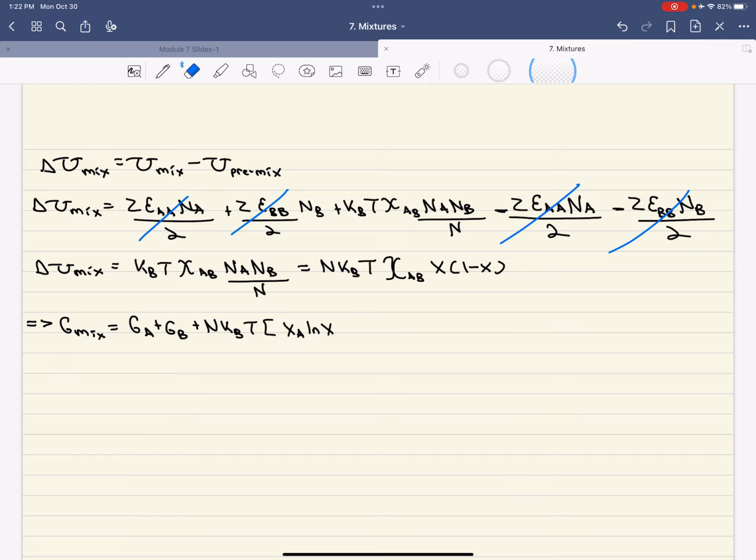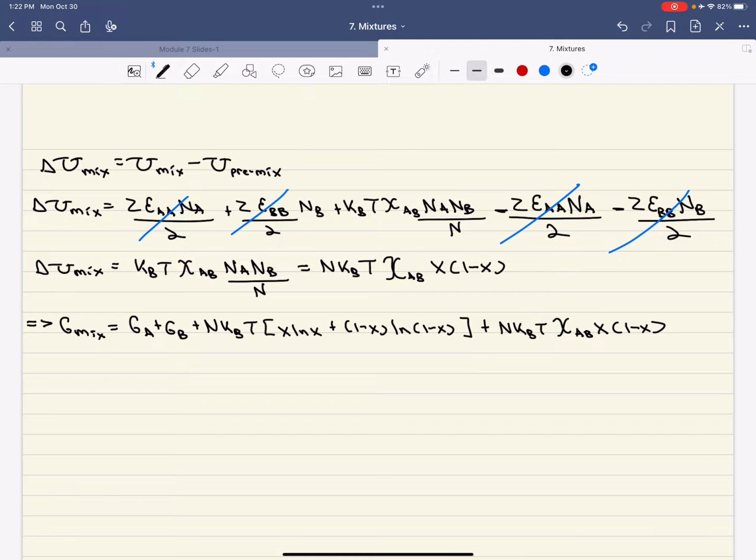Let's call this x, plus 1 minus x ln of 1 minus x, plus N kBT chi AB x times 1 minus x. We call this delta G mixing, or another way to think of it is as our excess Gibbs energy. Those are equivalent statements.